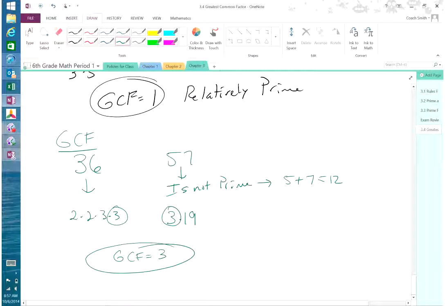Now understand that we're not finding all the common factors. We're finding the greatest common factor. All right?